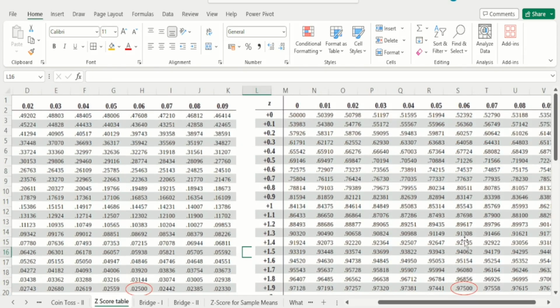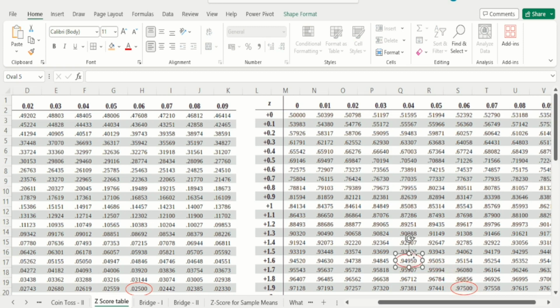In the center, you see 0.94845, 0.94950, and 0.95053. These appear to be the closest, but this one is just 50 points away and that one is 53 points away, so the closer point is this one.